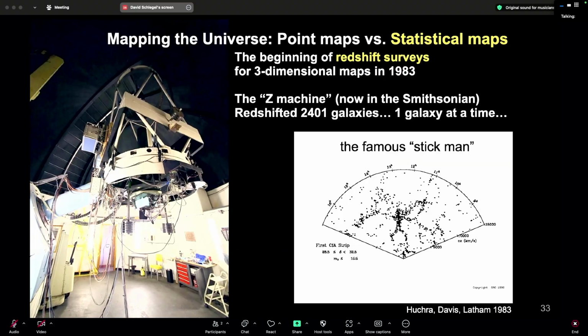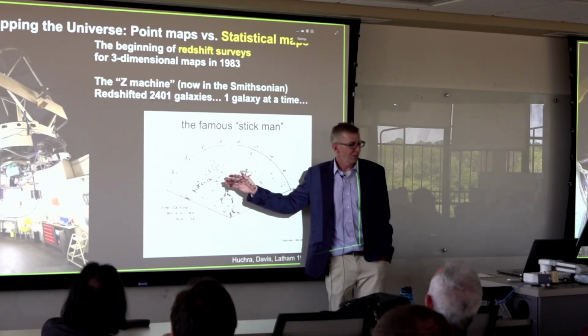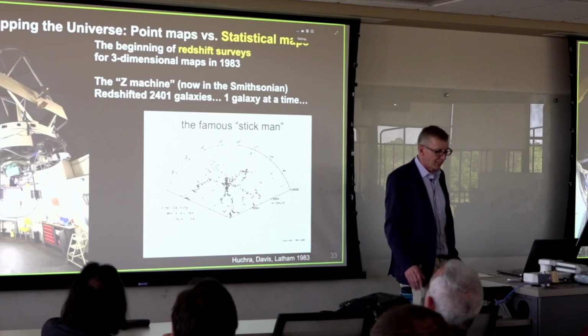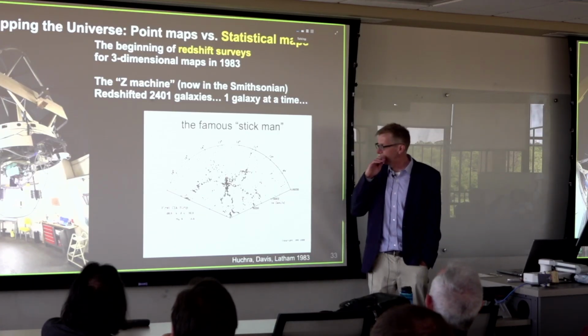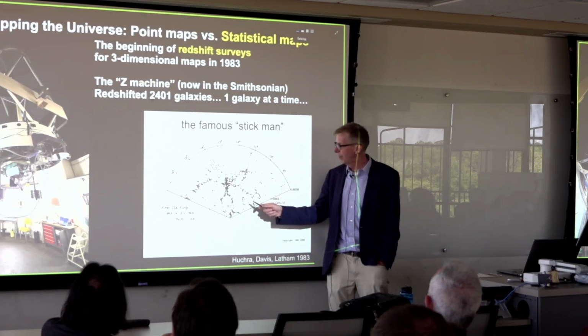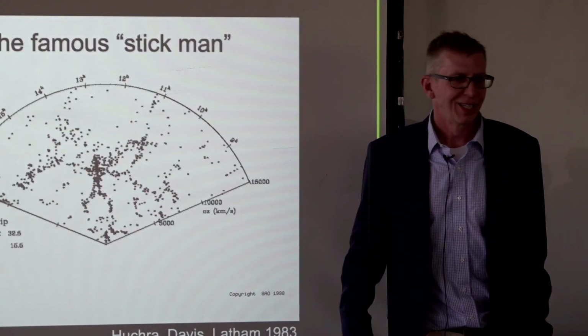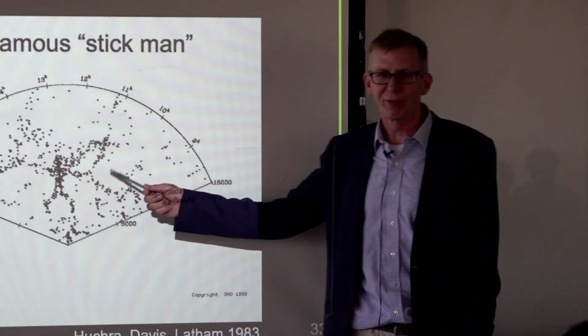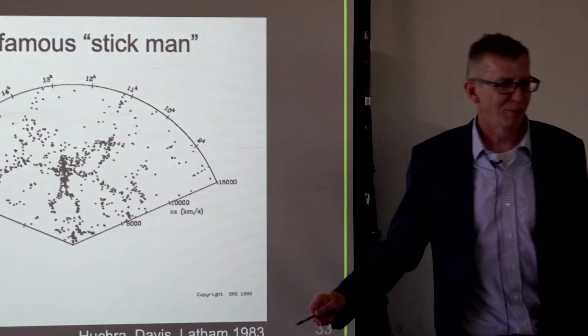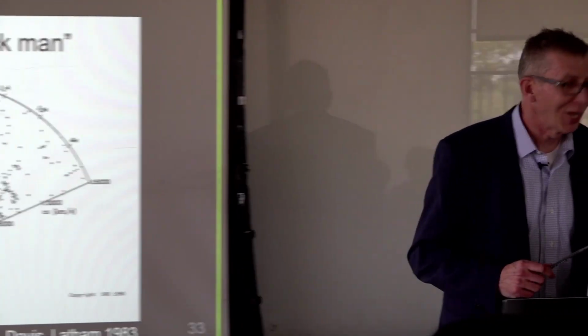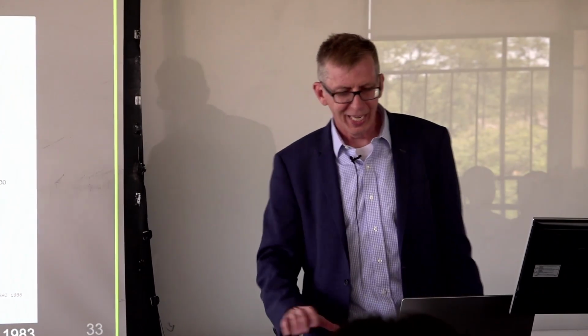So this was our first 3-dimensional redshift space map. It's called the CfA Redshift Survey, and we call this the Stickman for obvious reasons. For many years, people would refer to the Stickman map. So now you've seen it. Now you know what they'll be talking about. Okay.